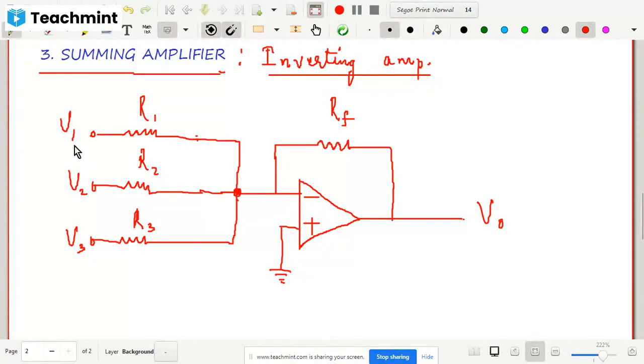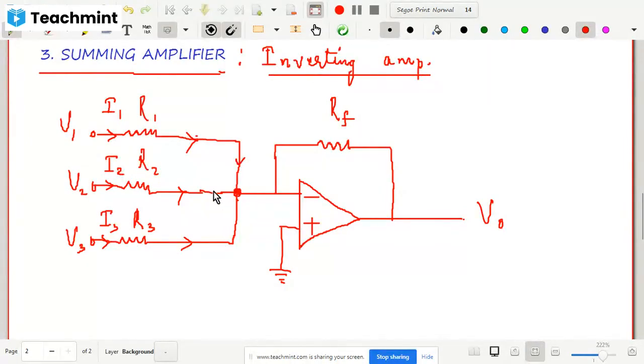Now, one thing I want to tell first and foremost: this input V1 will produce some current here. Let us call this current I1. Similarly, the voltage V2 will produce some current I2, and V3 will produce I3. These currents are going in this way. Now at this point, all these three currents will meet.